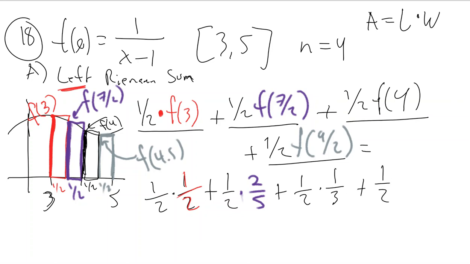And then finally, the last one, the gray one, this length comes from f of 4.5, or 9/2. If you were to plug in 9/2 here, 9/2 minus 1 would be 7/2. And what is 1 over 7/2? 2/7. 1 divided by anything just takes its reciprocal, because you're dividing fractions. So keep, change, flip. Keep the first part, the 1, change the sign to multiply, and then flip, do the reciprocal of the second part.